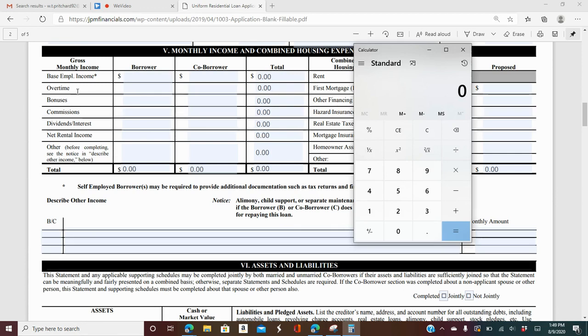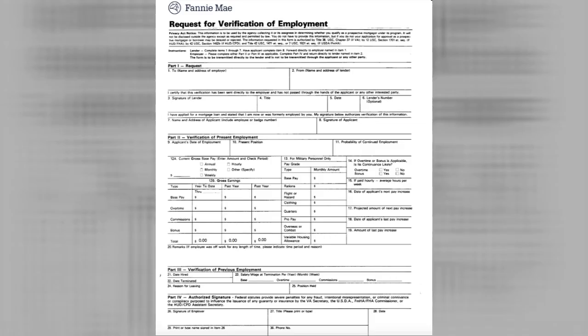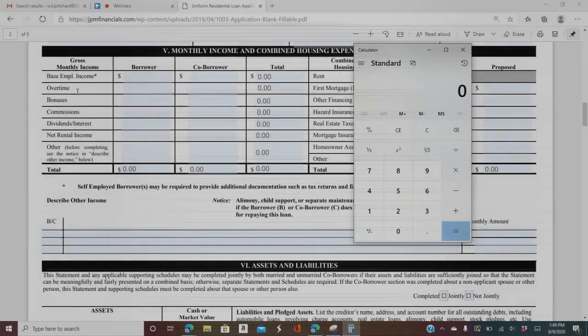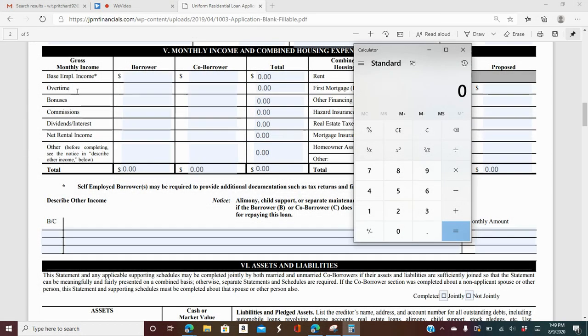And I would actually have to obtain a verification of employment. I have a video where I talked about order routes and the verification of employment. In this instance, this is when we'll need it. If we have to use overtime, bonus, or commissions off the bat, we already know that we need a written verification of employment from my borrower's employer, giving me a breakdown of how my borrower is paid, showing me his or her history for the last 2 years, year to date, so the current year as well as 2019 and 2018.